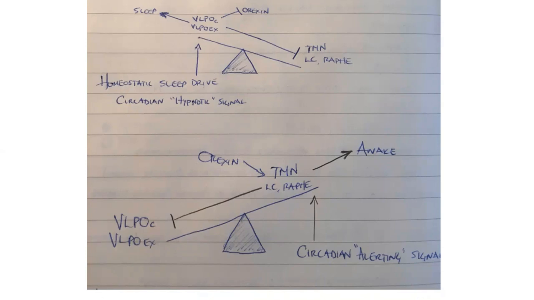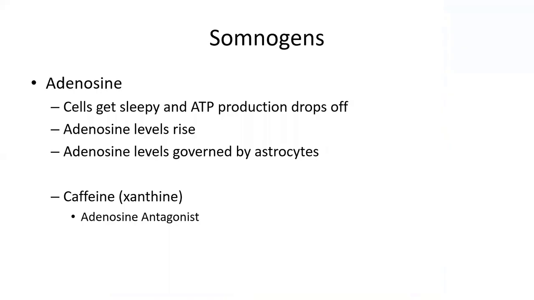We have to wake up very quickly in order to extract ourselves from a potentially life-threatening situation. So the transition from wakefulness to sleep and vice versa occurs very quickly. It's like flipping a light switch off or on.